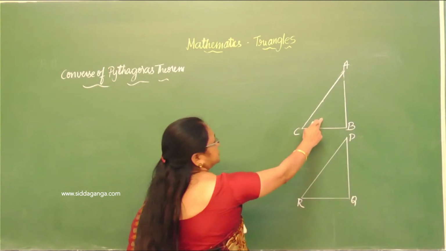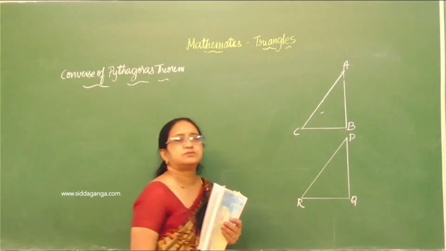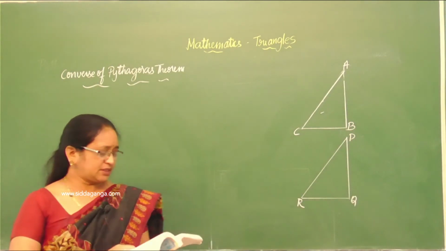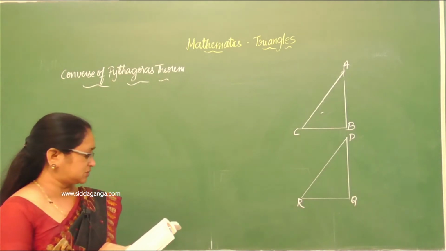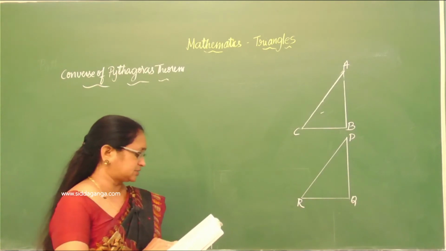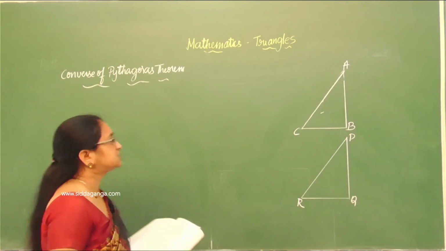So this is the triangle which I have drawn. In a triangle, the square of one side is equal to the sum of the squares of the other two sides. So that is the given.